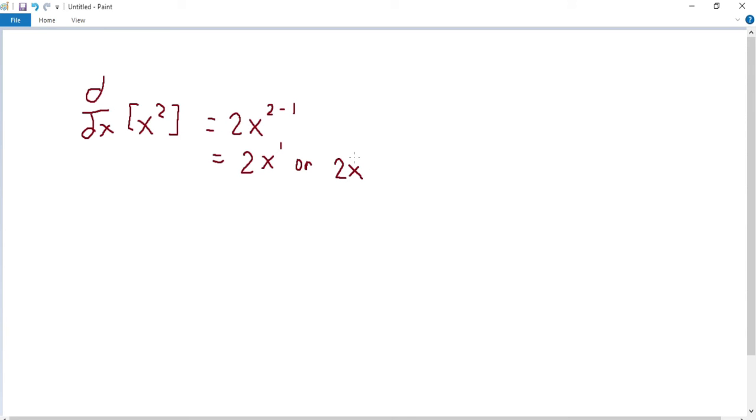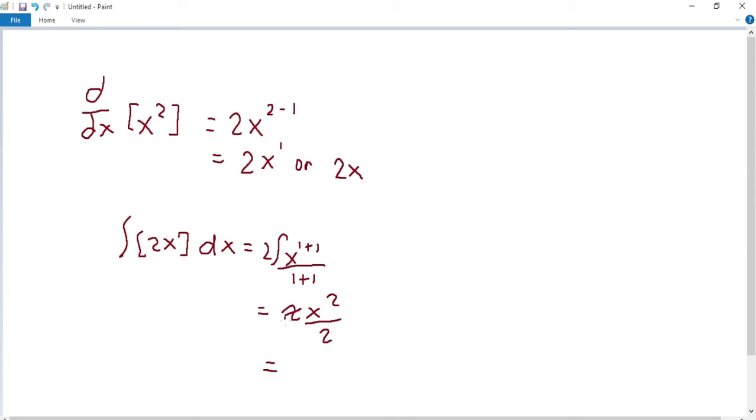Now if we get the antiderivative of 2x, there's always a constant 1 here, so we get 1 plus 1 over 1 plus 1. So this will become 2x squared over 2. And then you simplify. We can get rid of 2 here, so this is going to be x squared plus c.